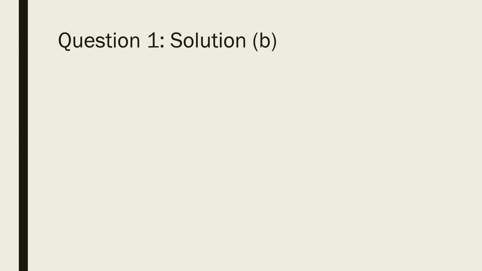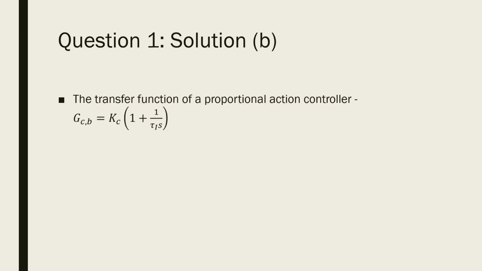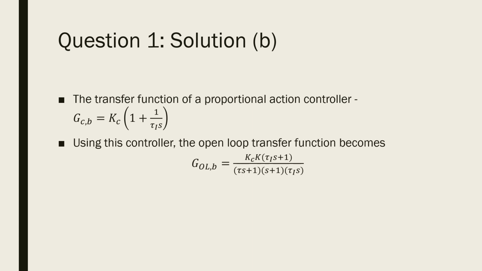Moving on to part B now. Here we choose to control the process G(s) using a proportional integral controller. This controller is described by the transfer function Gc_B equals Kc times (1 plus 1 over tau_I s). As in part A, we find the open loop transfer function denoted by G_OL,B.